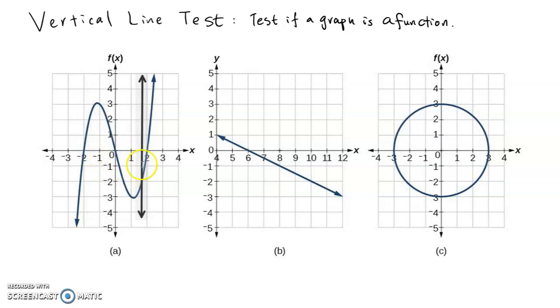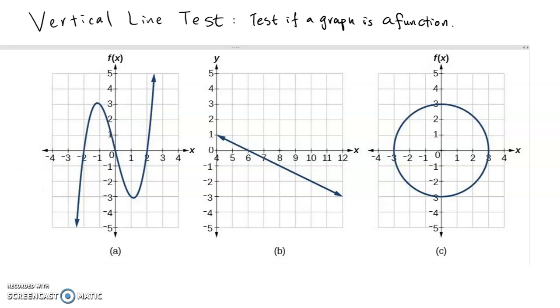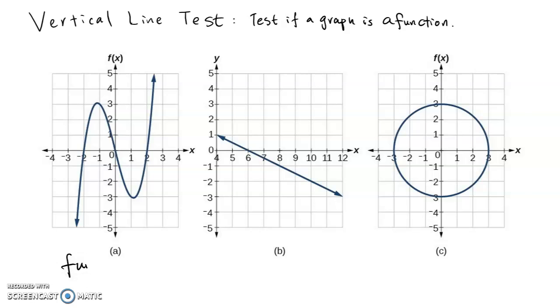So you can see over here that the line is intersecting exactly one point everywhere in this graph. So that means, yes, this graph represents a function.